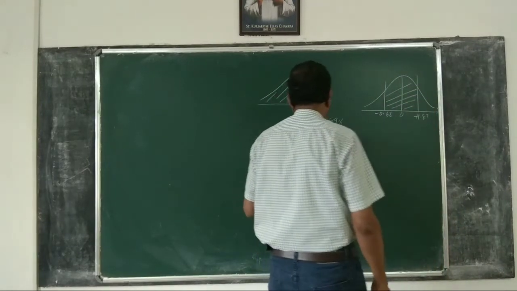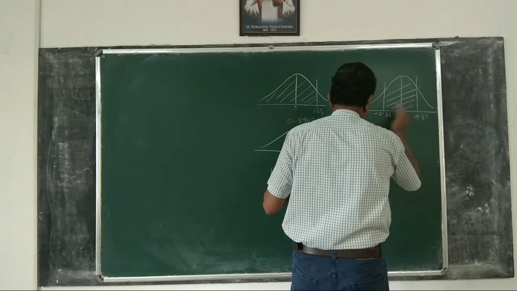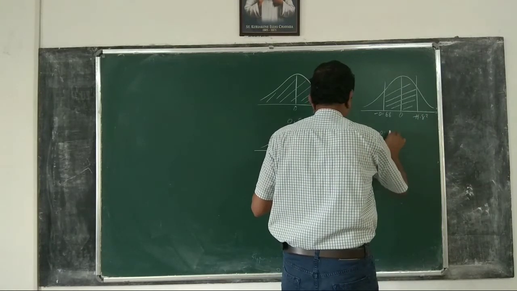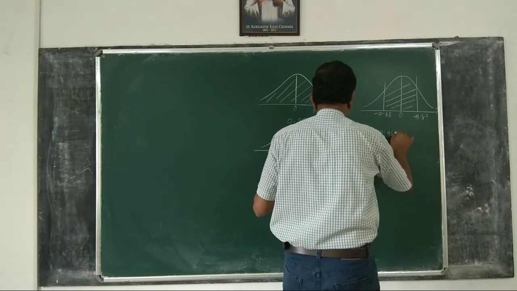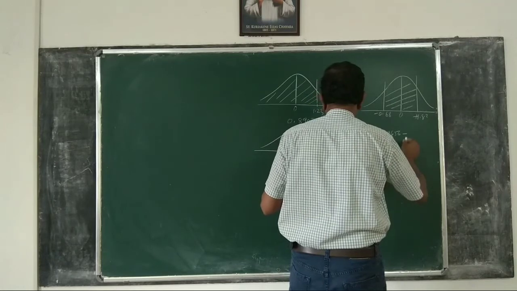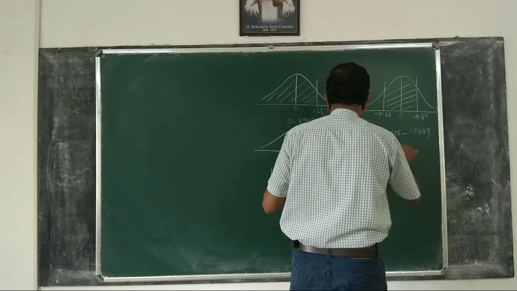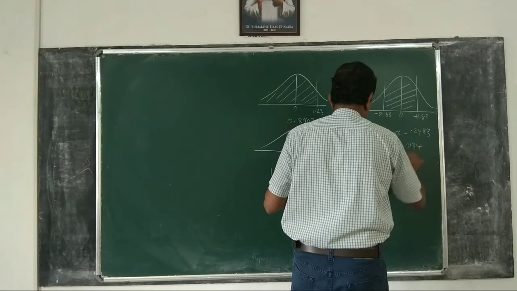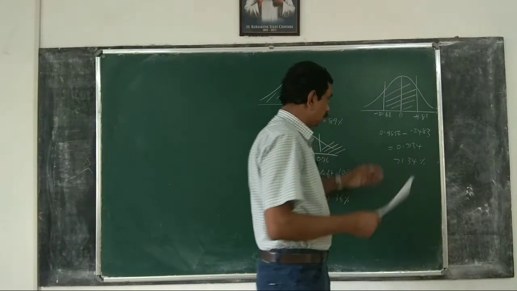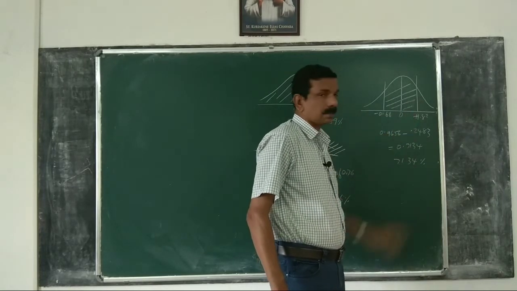Now, this can be obtained by area to the left of 1.82, that is 0.9656, minus area to the left of minus 0.68, which is 0.2483, is equal to 0.7173, that is 71.73%. So 71% lie between these two values.